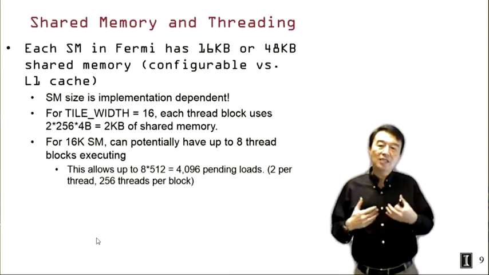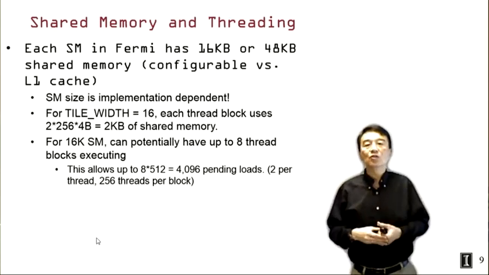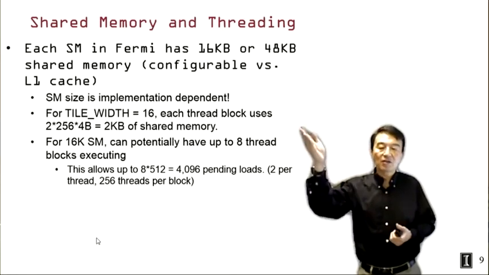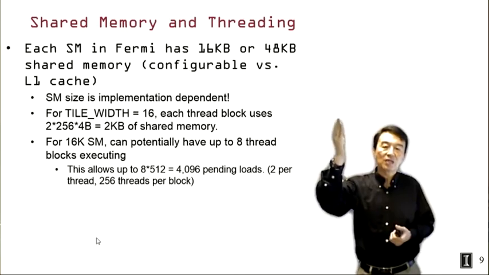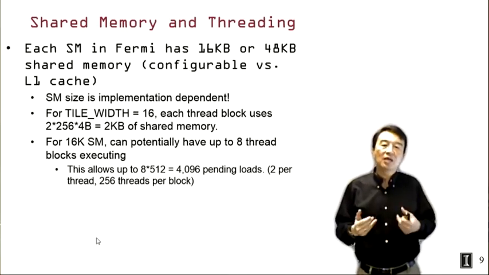So let's look at some resource considerations for using shared memory and threading. As it turns out, the hardware streaming multiprocessor in the Fermi GPU can be configured to be either 16K or 48K bytes of shared memory, depending on how large you want the L1 cache to be.